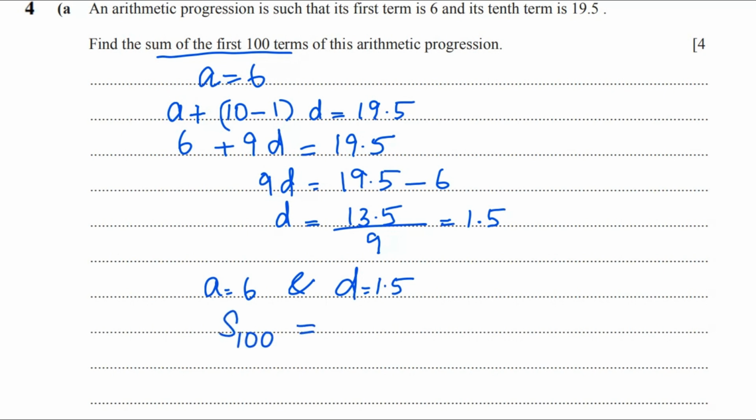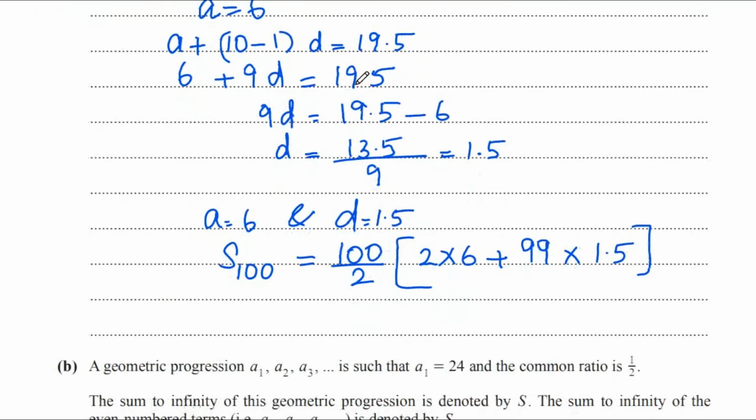S100 equal to n divided by 2, that is 100 divided by 2 multiplied by 2a plus n minus 1, 2 times 6 plus 99 multiplied by 1.5. On simplifying this, we get the value as 8025.